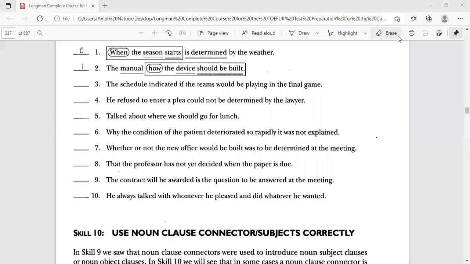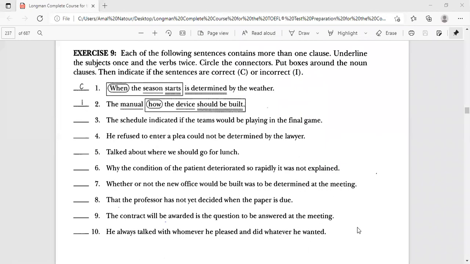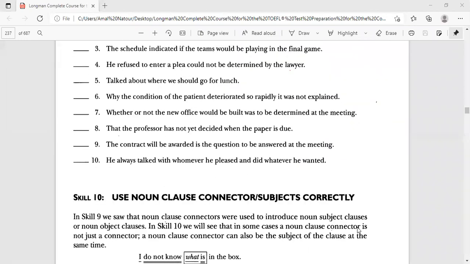Now I'm going to discuss skill number 10, which is use noun clause connector as subject correctly. In this skill, we have noun clause connectors.